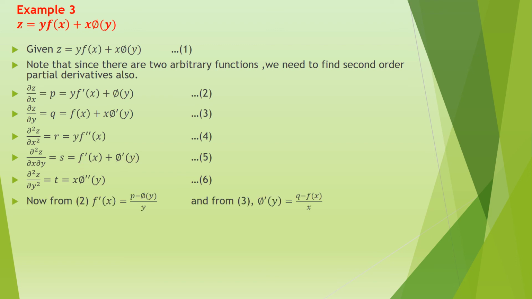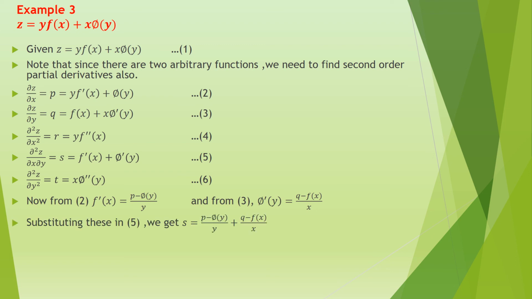From equation 2, I write what is f dash of x, that is p minus phi of y divided by y. Similarly, from equation 3, I write phi dash of y equal to q minus f of x by x, and substitute this in equation 5.